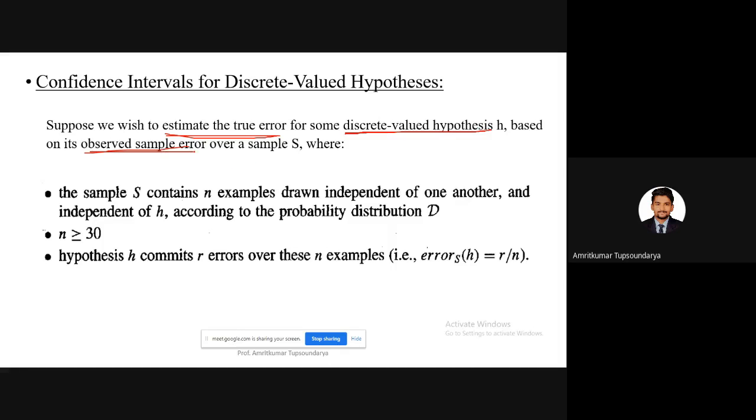Whatever the sample error that we have computed or observed, which is nothing but error S of h. That is our sample error.